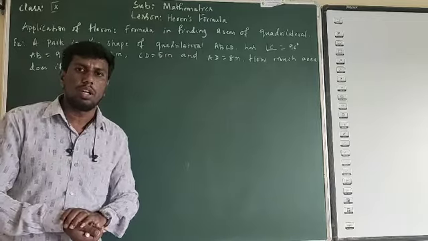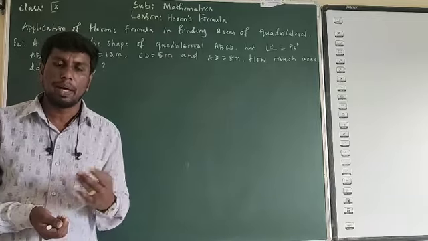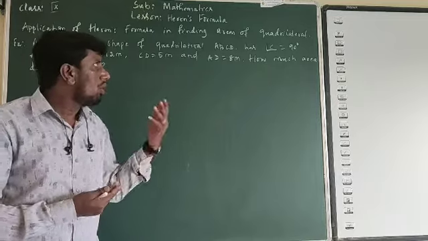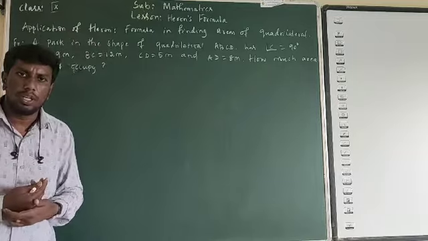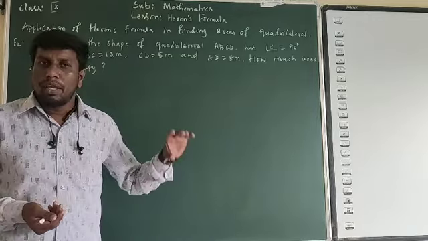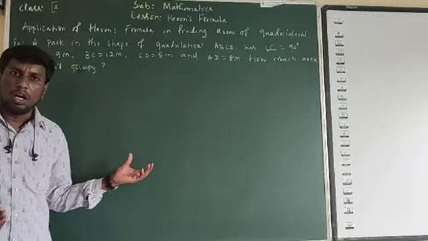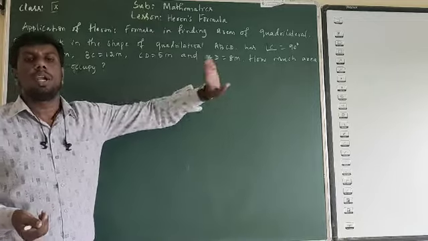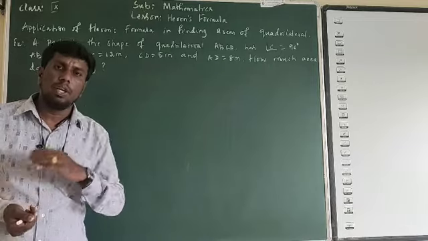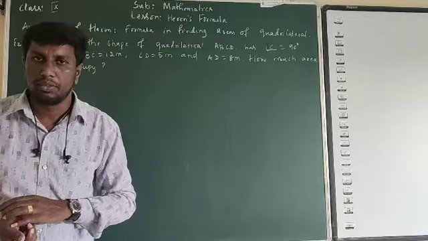We have a parallelogram, we have a rhombus, and so many types of quadrilateral, right? We can make use of Heron's formula to find the areas of quadrilaterals also, where it is very difficult to find the height.